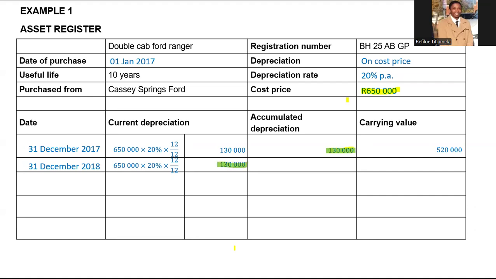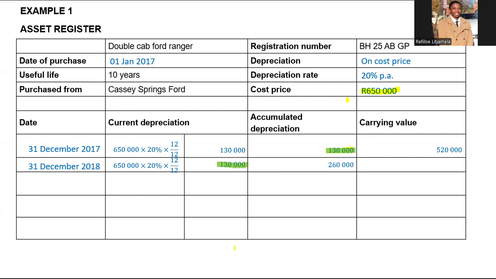So accumulated depreciation is increased by depreciation. 130,000 plus 130,000 will give you, for 2018, our accumulated depreciation. To accumulate means added. Depreciation will be 260,000.